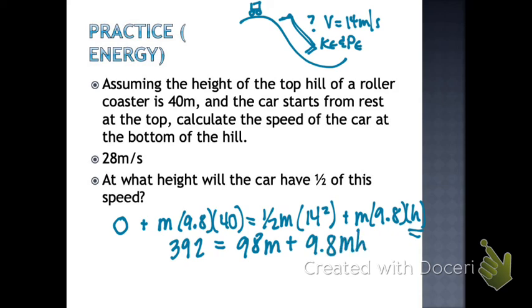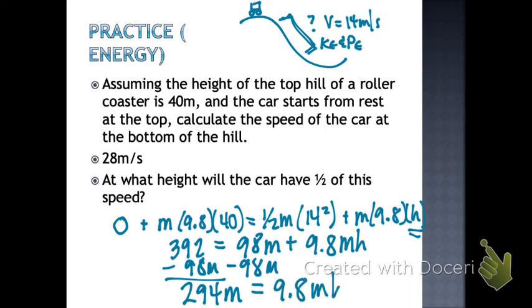I'm going to combine my like terms here. So now my m's will cancel. I'm going to take 294 divided by 9.8. Gives me a height of 30 meters.